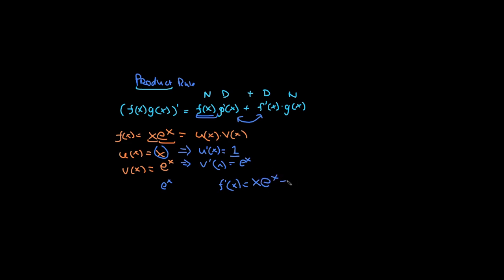Then we add the derivative of the first function, which is 1, multiplied by the normal second function, e to the x. We can factor out e to the x, and we see that it's e to the x times x plus 1. So that's how you use the product rule.